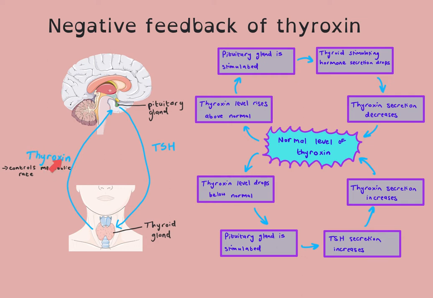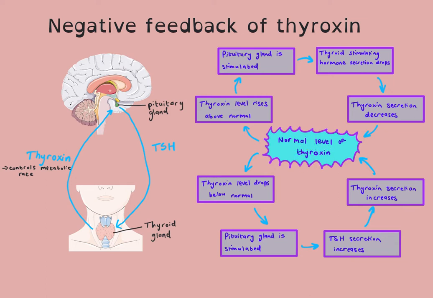Same thing if that thyroxin gets too low. That low level will stimulate the pituitary gland, so the pituitary gland will secrete more TSH to increase the thyroxin secretion from the thyroid gland. So remember, negative feedback is the mechanism used to maintain homeostasis. Homeostasis is about having a normal level of anything, hormones or blood sugar or salts, etc., in your blood.